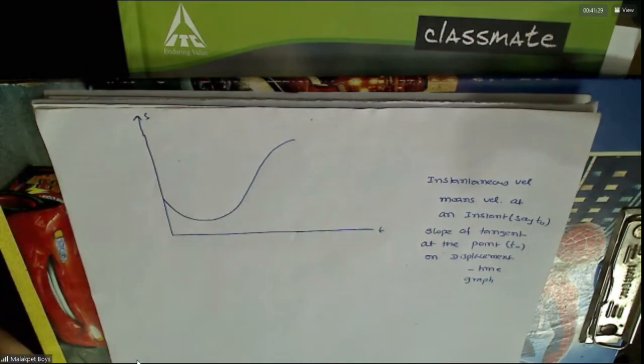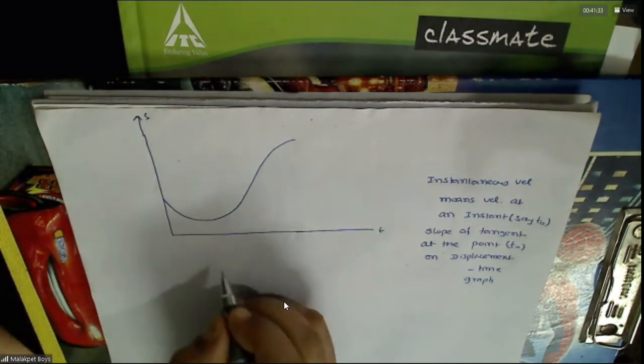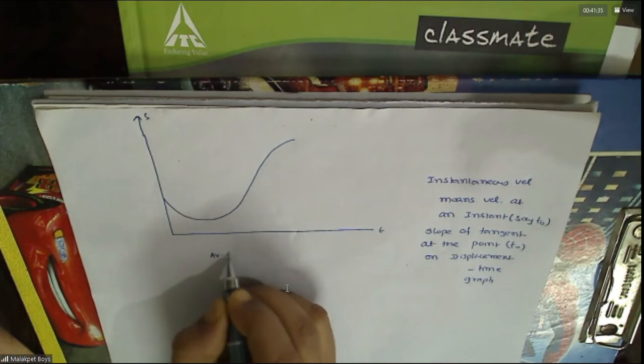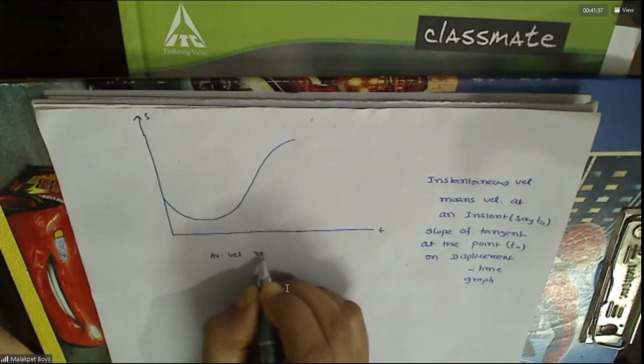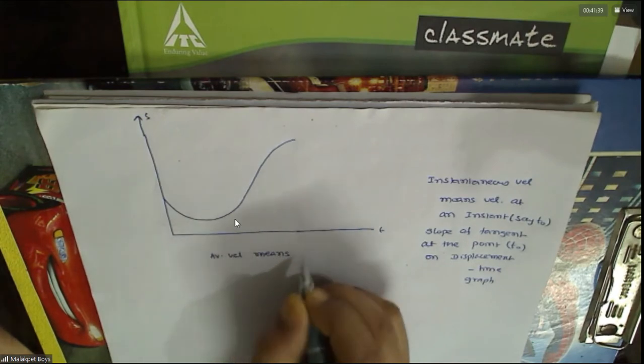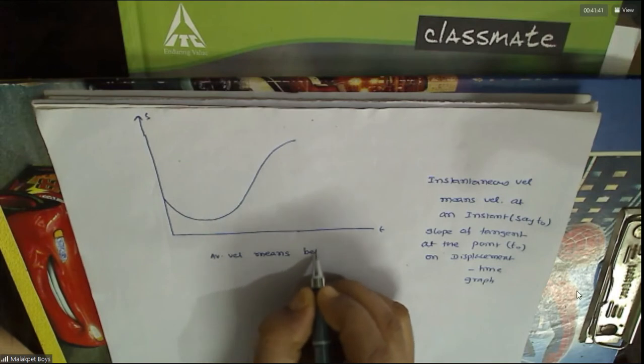Similarly, how do you get the average velocity? Average velocity means between two times, between two instants.